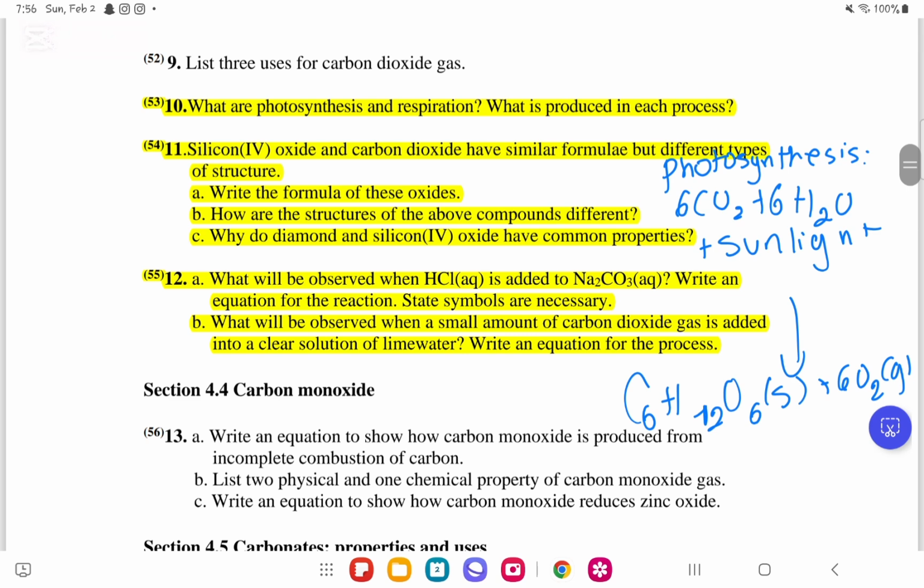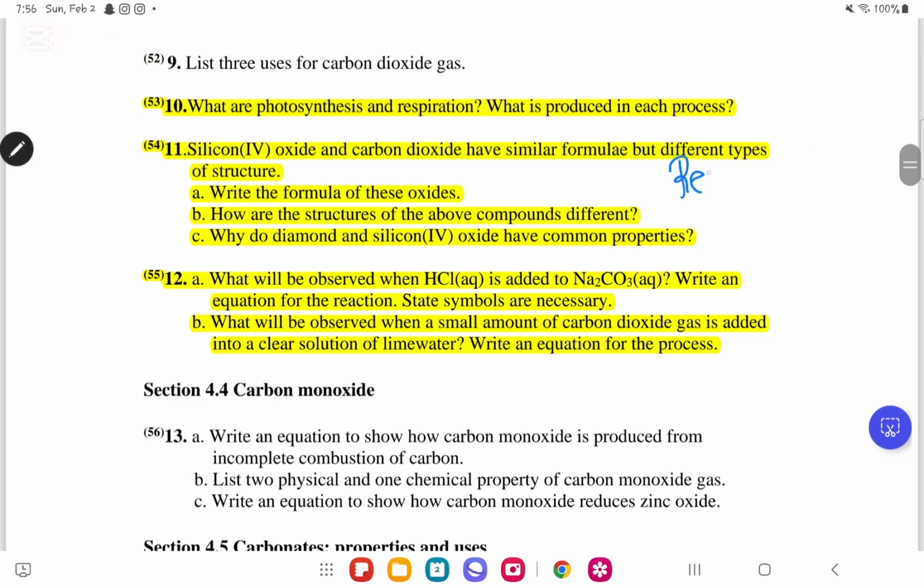Now, for respiration, we know respiration is the process of burning food to produce carbon dioxide, water, and energy. And the equation of respiration is going to be the complete opposite of photosynthesis. So it's C6H12O6 plus 6H2O plus sunlight energy.